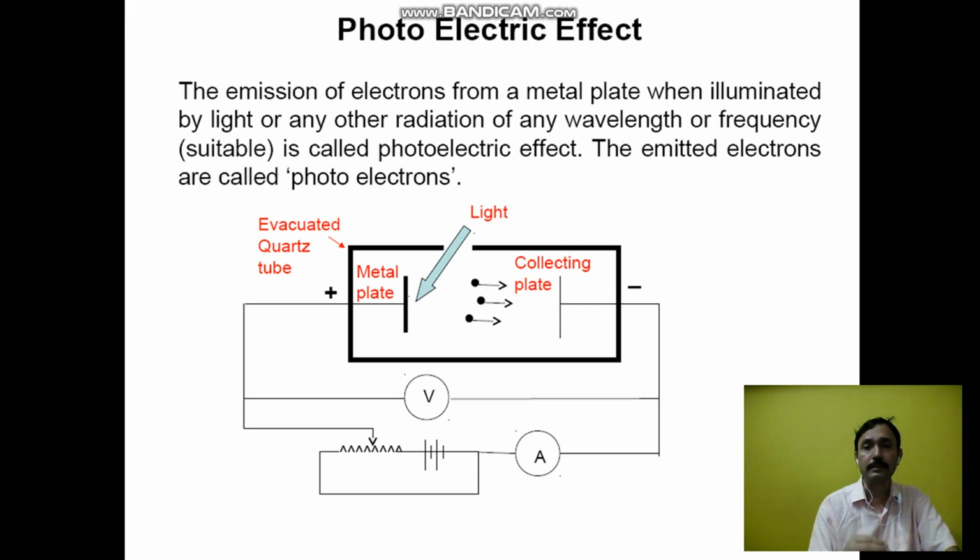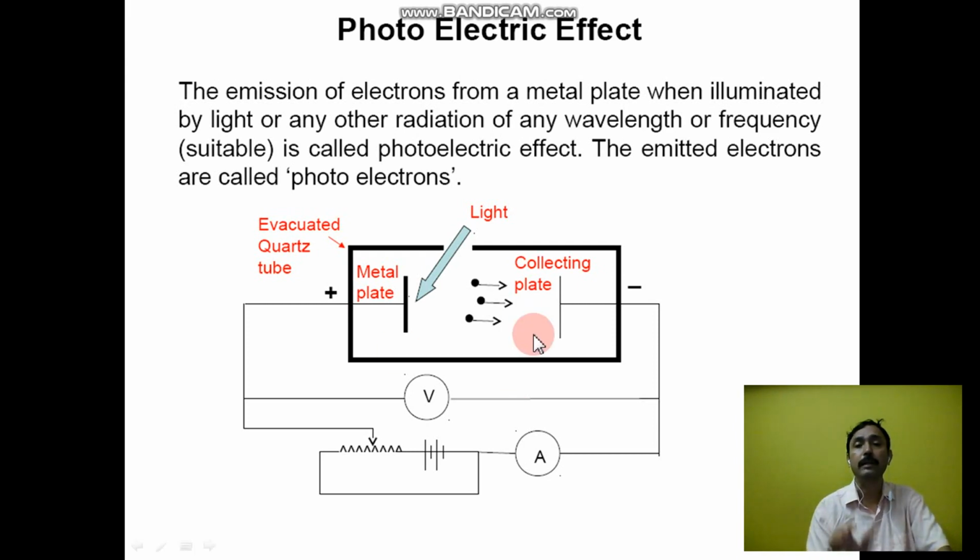If the frequency is less, then the energy of incident light will be less. Less energy means less energy is supplied to the metal surface as well as to the electrons. So they are not getting sufficient energy. That's why they cannot be liberated from the metal surface, and the kinetic energy is not sufficient. So they are not coming from the metal plate to the collecting plate.